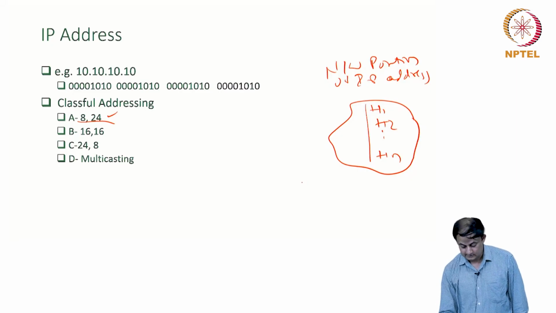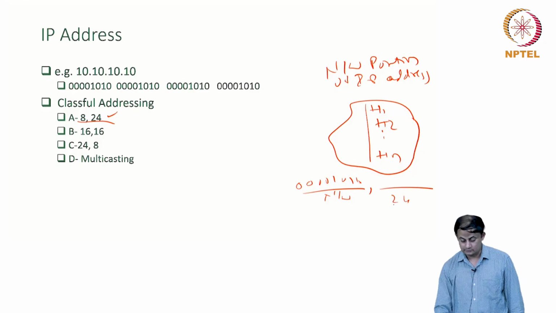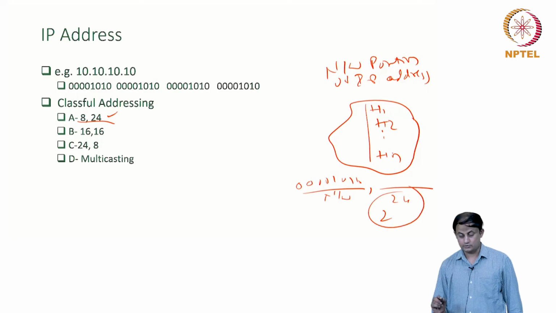If my sequence is something like 0 0 0 1 0 1 0, and this is the network portion, the remaining 24 bits are the host IP address. So theoretically you can have 2 to the power of 24 different hosts inside this network.